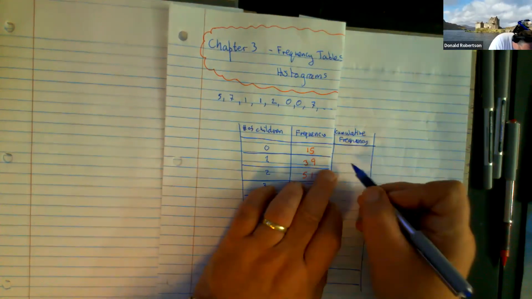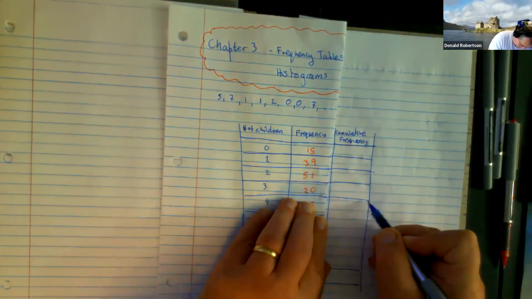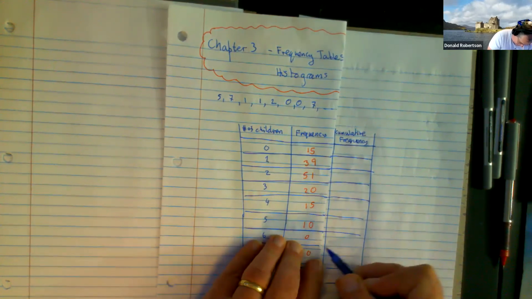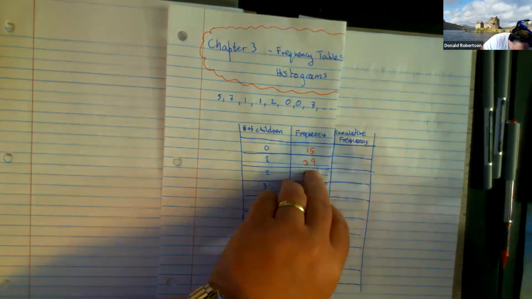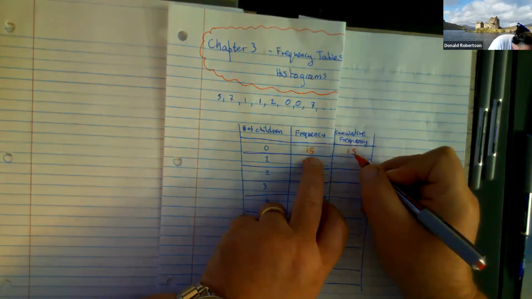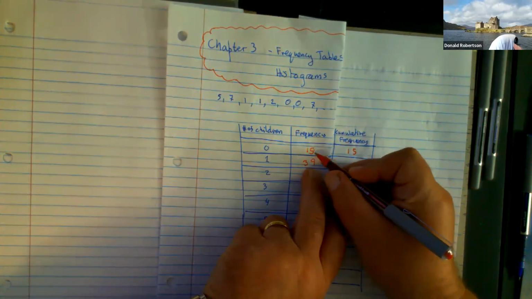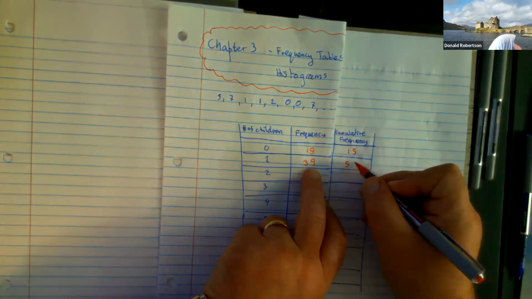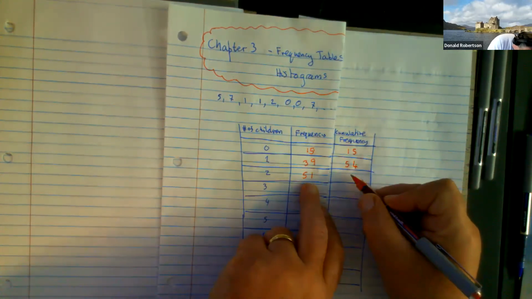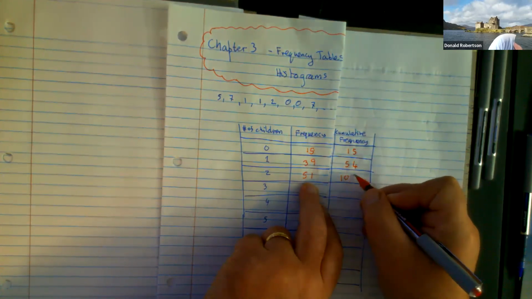Now, how does cumulative frequency get calculated? Let's see. First one, 15. The second one is add those two together, you get 54. The next one, you add these three together, 105.